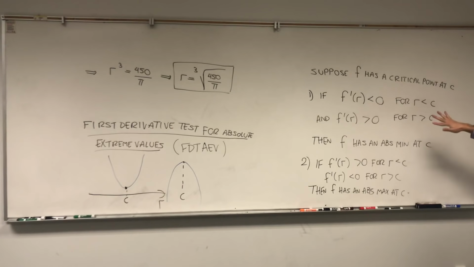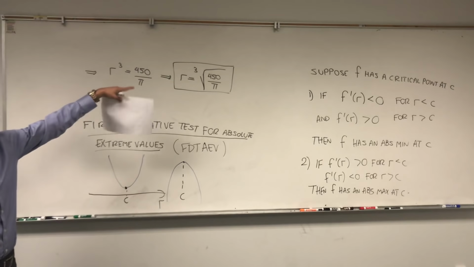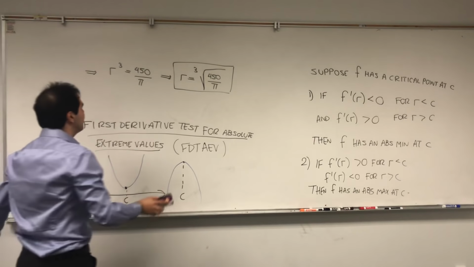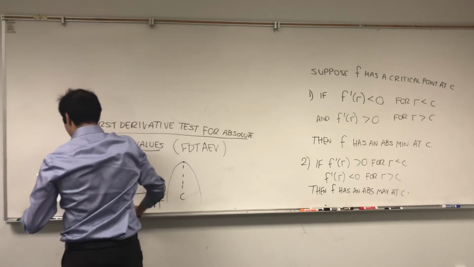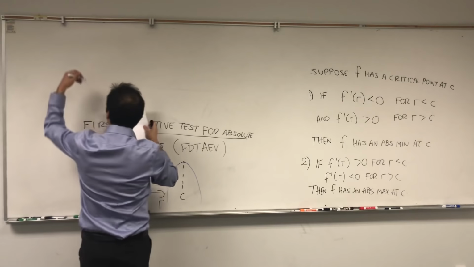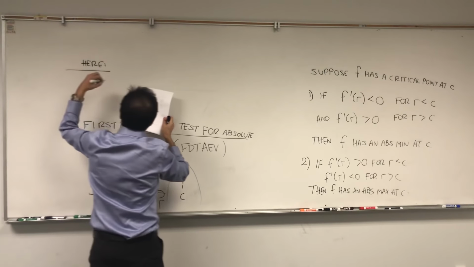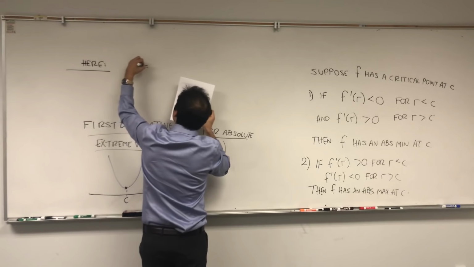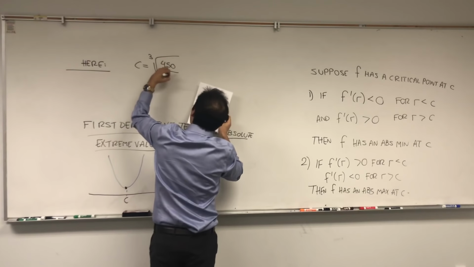Alright, and so now let's apply it to our function. So again, the critical point here is cube root of 450 over pi.